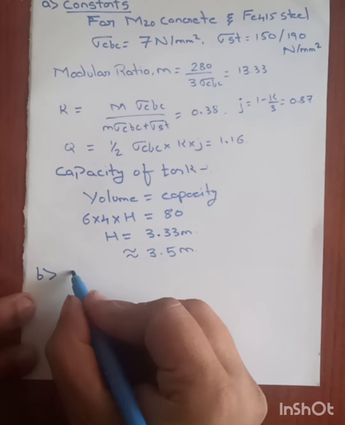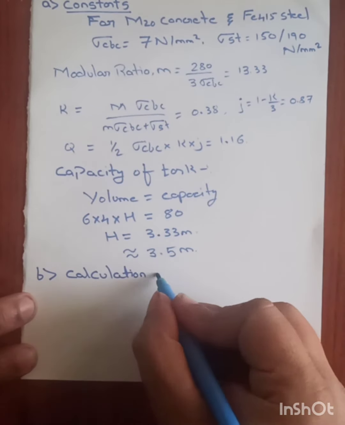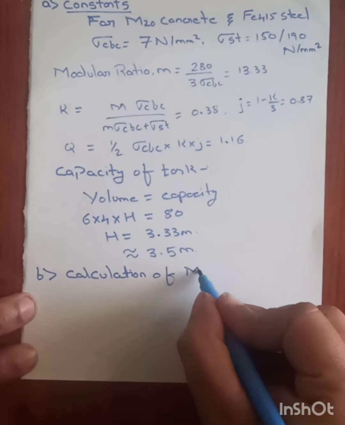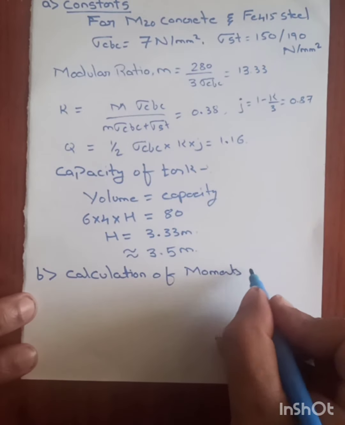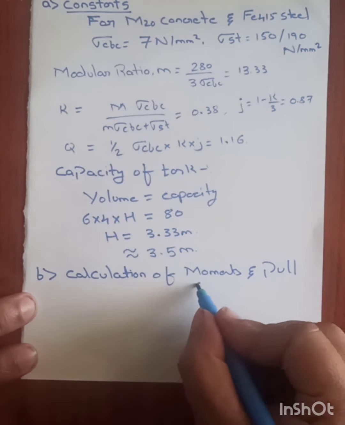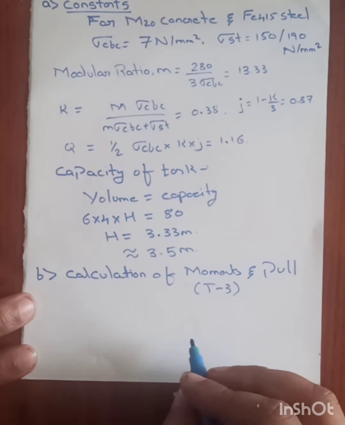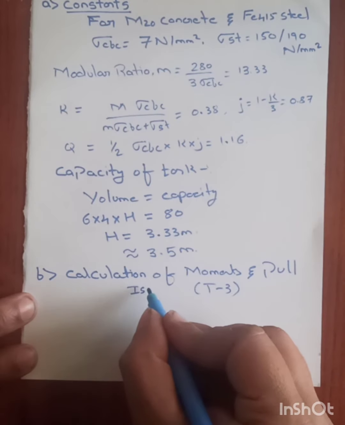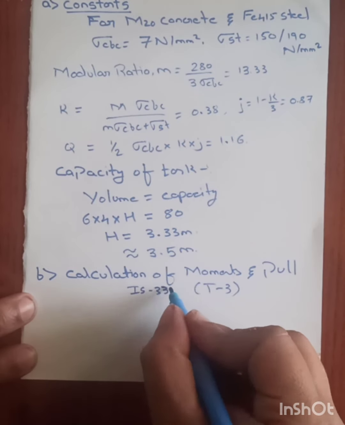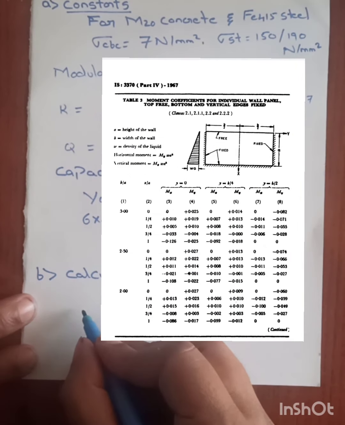Now next step, let us do the analysis. So calculation of moments and pull from Table number 3 of IS 3370 Part 4. You can have a look over here.